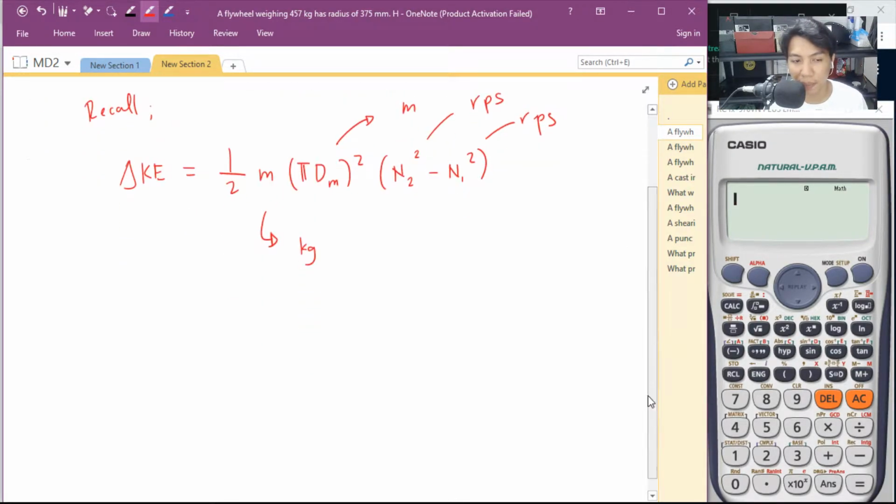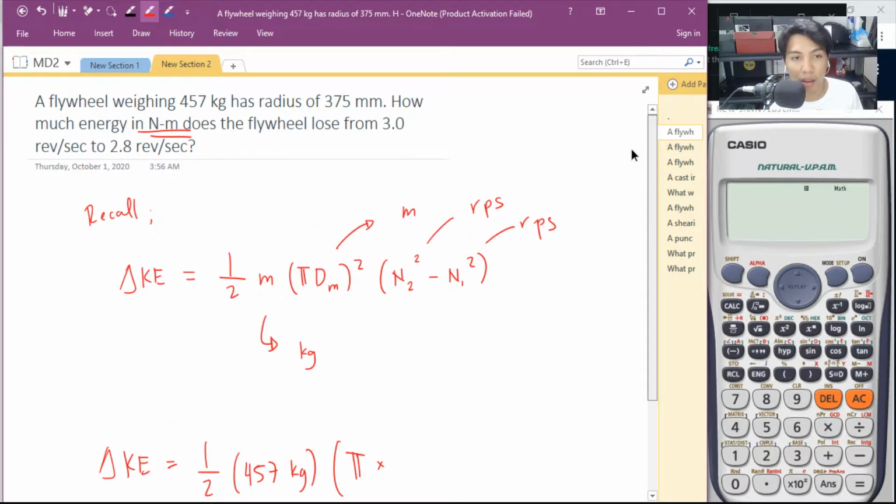Now, we can solve for the energy loss niya. Delta KE is equal to 1/2. Yung mass that is given, 457 kilograms. Yun yung weight ng iyong flywheel. Hindi naman sinabing total eh. Diba? Hindi rin sinabing weight ng hub and arms. So, we assume that it is total weight. Multiplied to pi. Tapos, yung inyong diameter, dapat naka-meter.